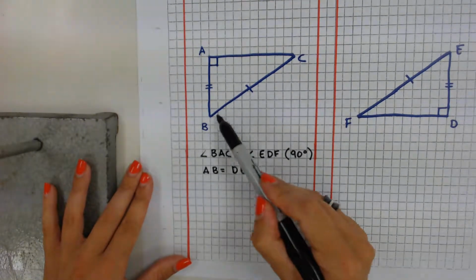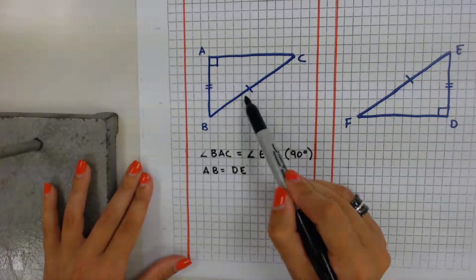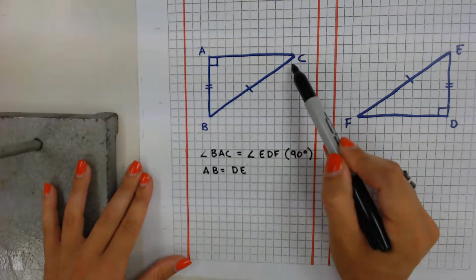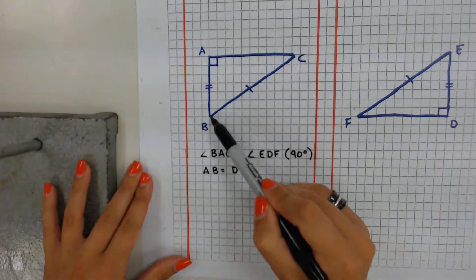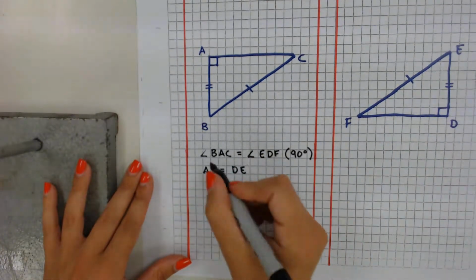Then we move to our third piece of information. Across from our right angle, we have the longer side, which we identify as our hypotenuse. And in this triangle, BC is equal to the length of EF.